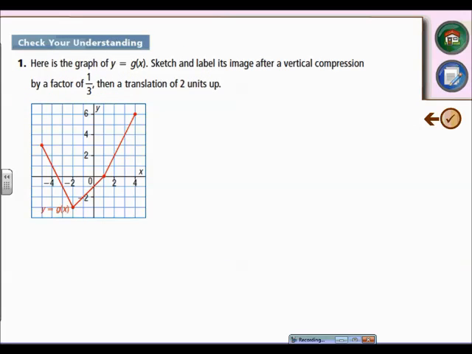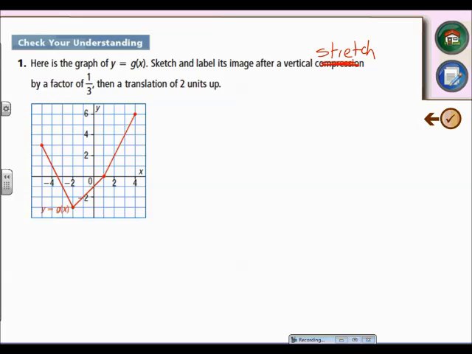All right, example number 1. I'm going to again change this into just a stretch by a factor of 1/3. So we're doing a vertical stretch, factor 1/3, translation 2 units up.